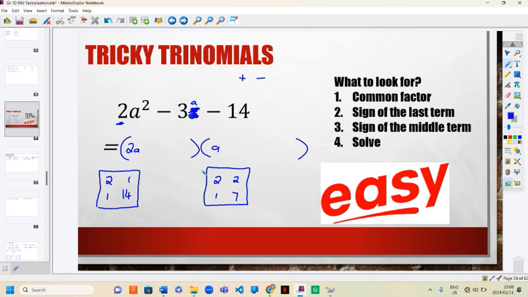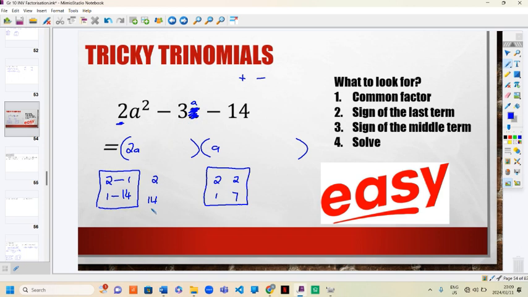So let's see now. If I multiply 2 with 1, what am I going to get? I'm going to get a 2. And if I multiply 1 with 14, what am I going to get? I'm going to get 14. In my previous video, I explained that if I want to get a negative second term, which factor has to be negative?